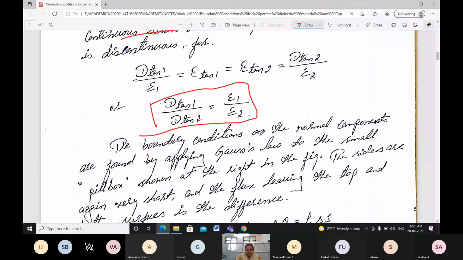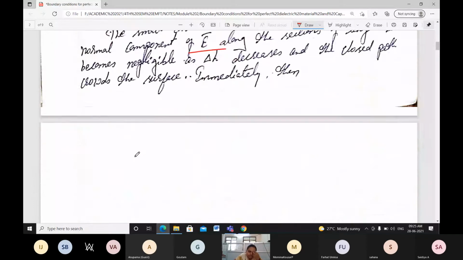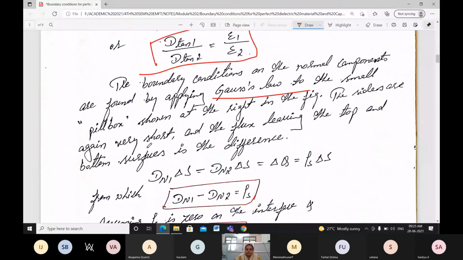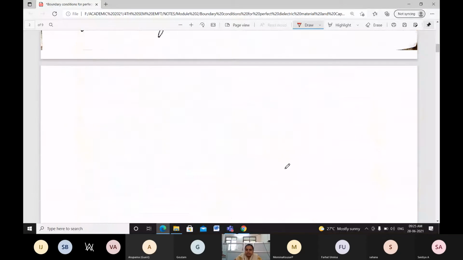The boundary condition on the normal components is found just by applying Gauss's law to the small box, which we call a pillbox, shown at the right of the figure. Instead of this, we can use a small object like this.